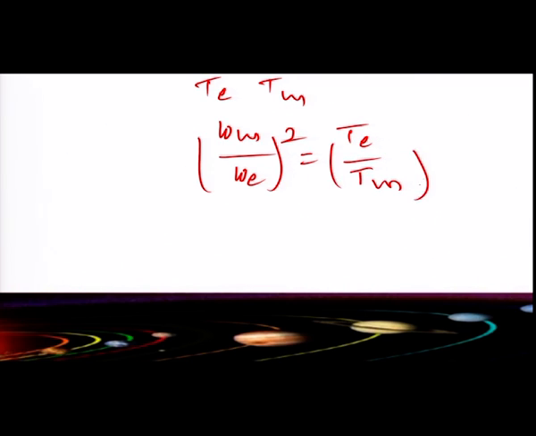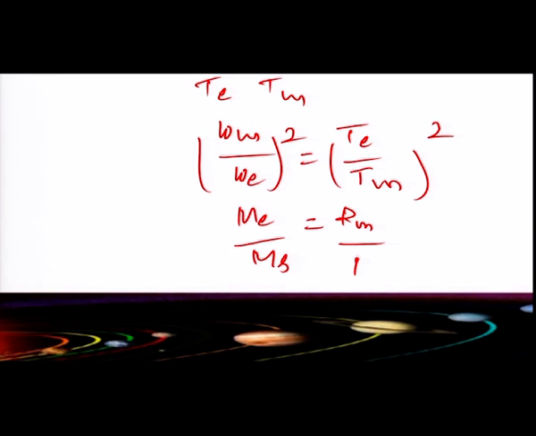Let Te represent the time period of the earth and let Tm represent the time period of the moon. Therefore, we have omega m divided by omega e the whole squared is equal to Te by Tm the whole square.